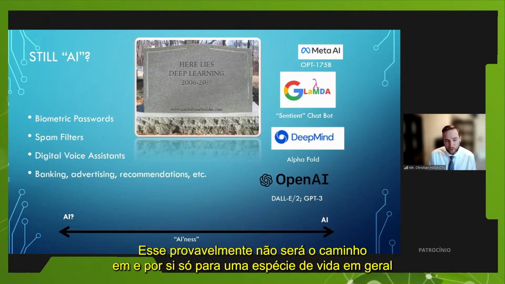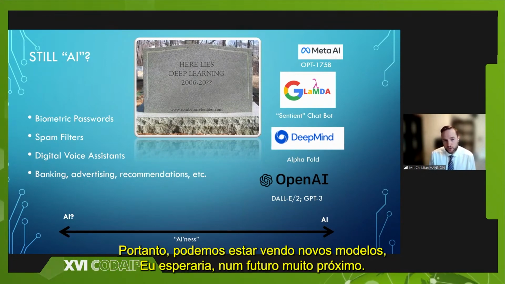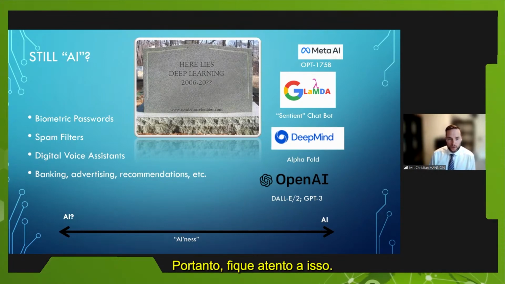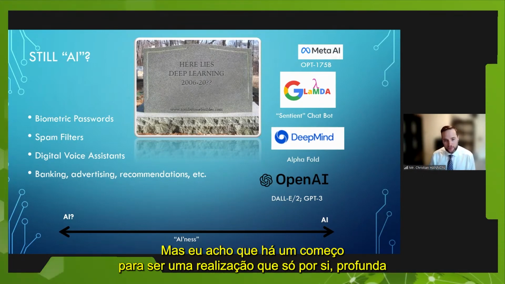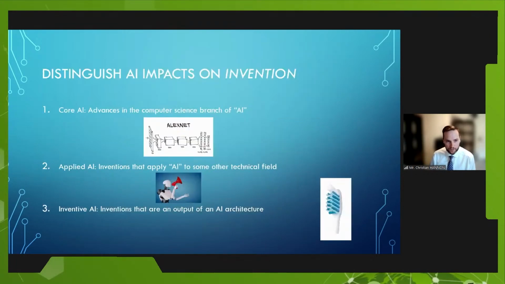That's probably not going to be the path in and of itself to a generalized artificial intelligence that becomes akin to human level intelligence. So we may be seeing new models, I would expect, in the very near future. So stay tuned for that. But I think there's starting to be a realization that deep learning alone is not going to get us to this artificial general intelligence state.